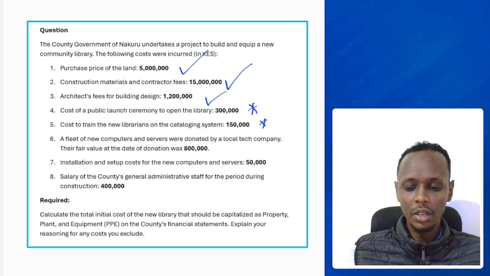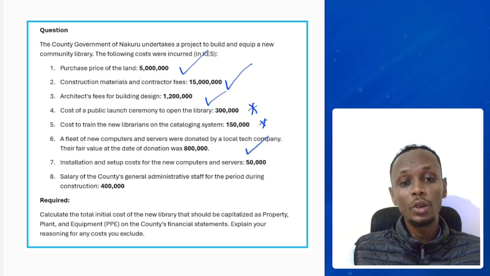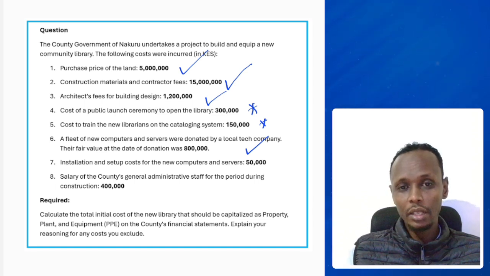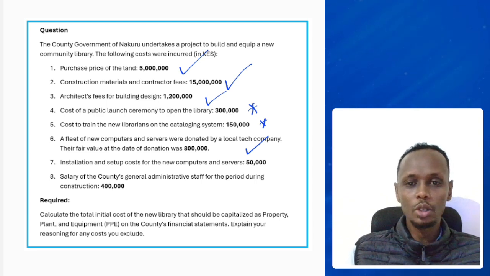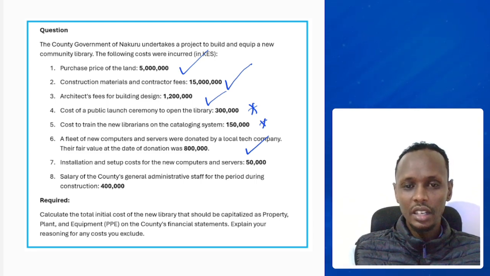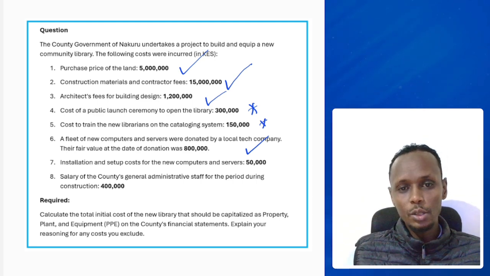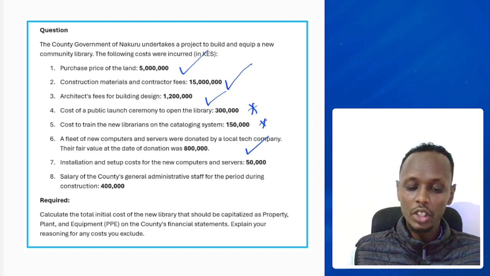Yes, this is a new item. Even though the class might differ for some of the items here, it will form part of the initial cost. The land is a different class, the library cost is its own, and the computers too, but if you are accounting for it as one library, then it will form part of initial cost.